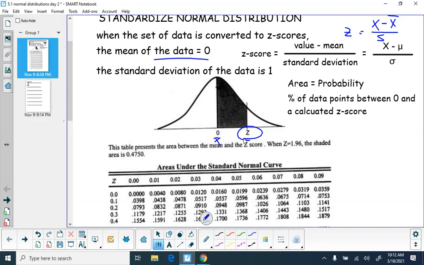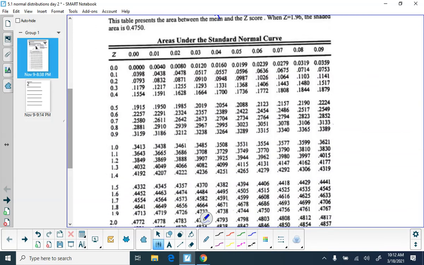But we also know this area is going to be a probability. How is the z table read? If we look at the z table, we have the z-score's whole number and the first decimal place here. The second decimal place comes up here.